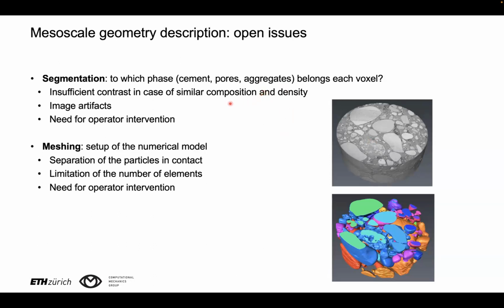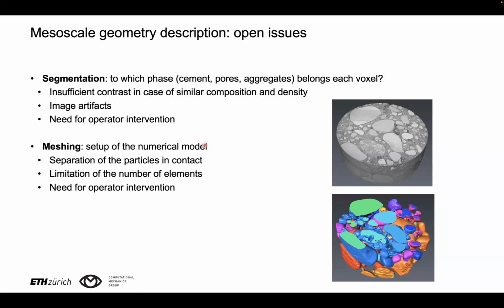And so it will be very difficult to perform segmentation automatically, which is what one would like to do. And there will be a massive need for operator intervention, which of course prolongs the time of segmentation and makes it a very tedious and time-consuming exercise.